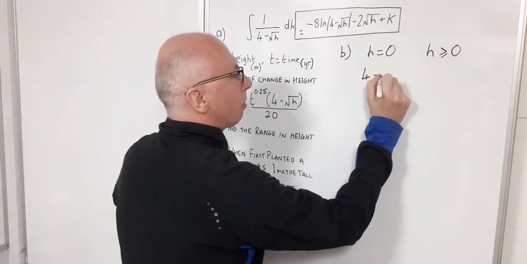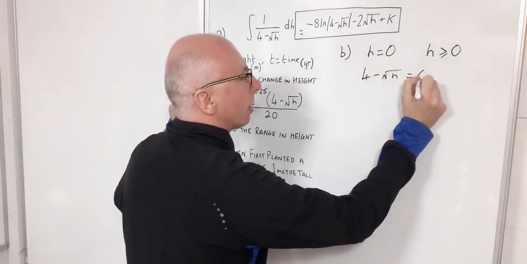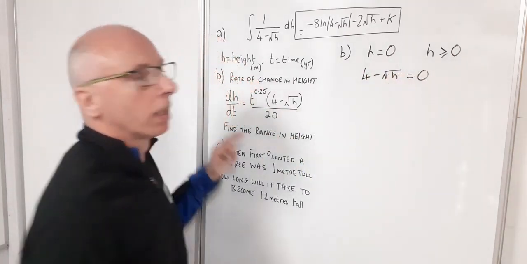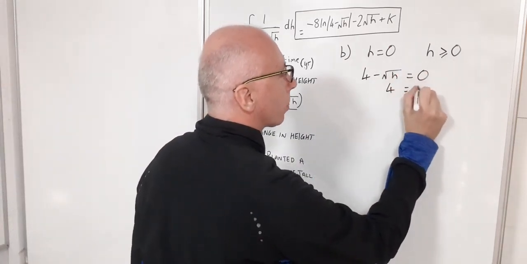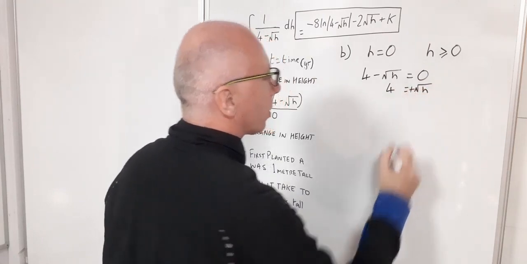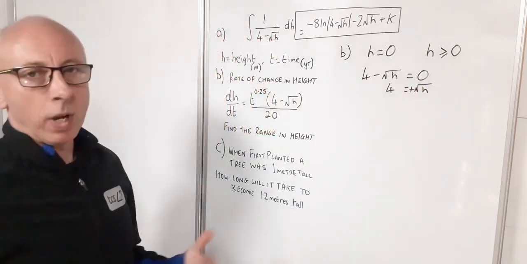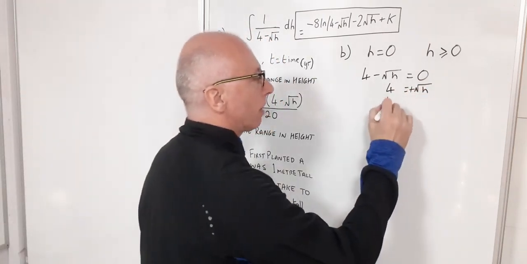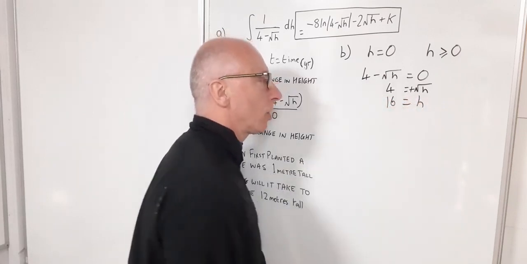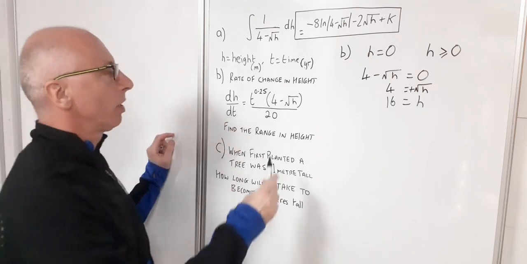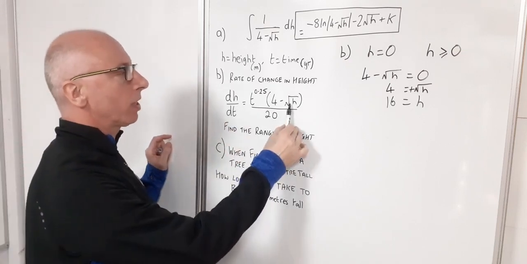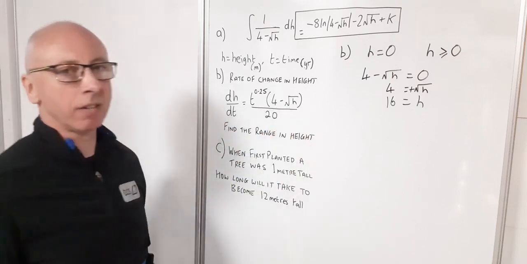So then we have 4 minus square root of the height equals 0. Bring the square root of the height over to this side. So 4 equals square root of the height, and it's positive. Square both sides. So then we get 16 equals h. So that's the maximum value before that becomes 0. So you'll see here 4 minus the square root of 16, that is when we're at 0.